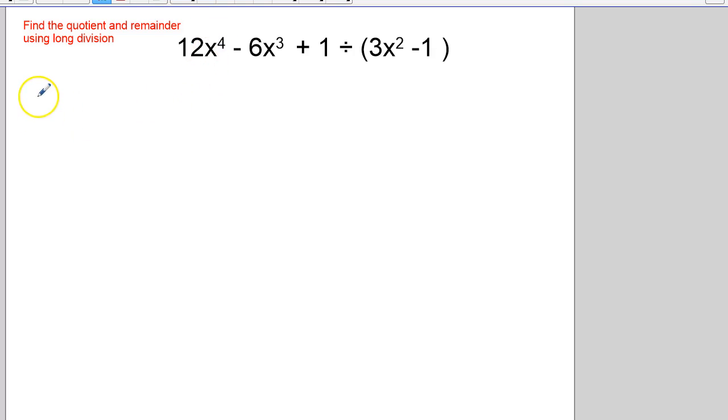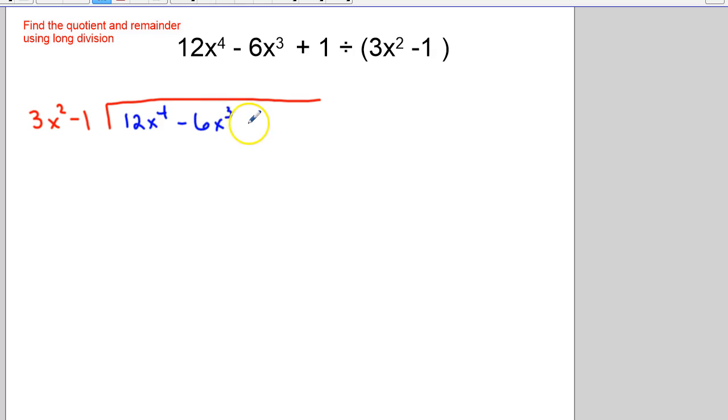So I'm going to take my divisor of 3x squared minus 1, and that's going to go into 12x to the 4th minus 6x cubed. My next term should be an x squared, so I'm going to call that a 0x squared. I should have a 0x and a plus 1.